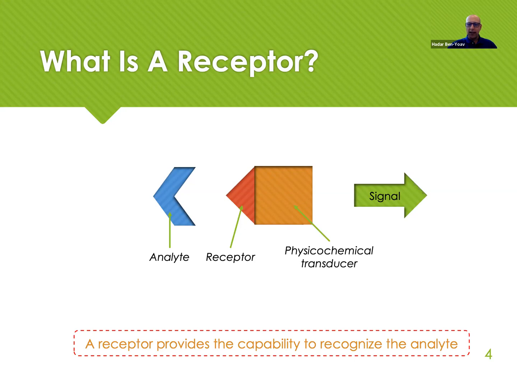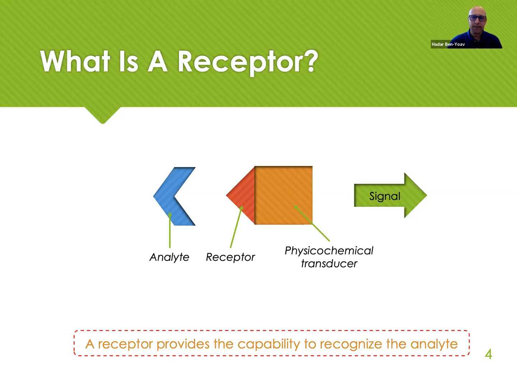There is the chemical transducer, whose goal is to transform the binding or recognition event between the receptor and the analyte into another type of signal that later on can be measured as the output signal. And these are the 3 parts of the sensor, and we have the analyte.